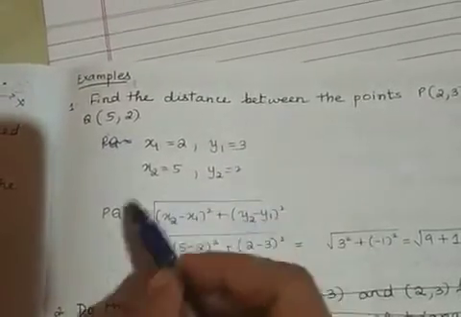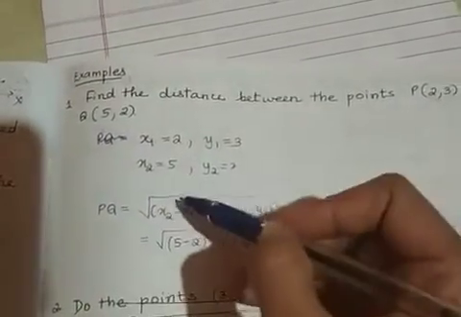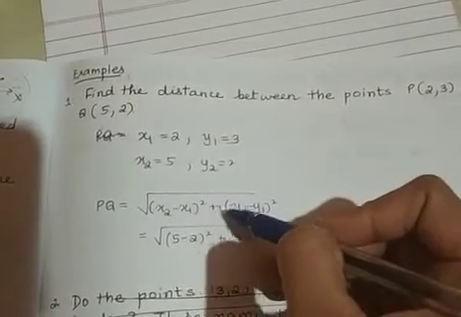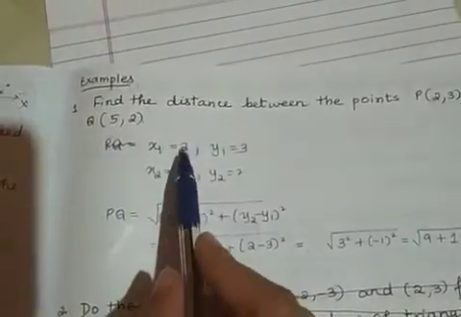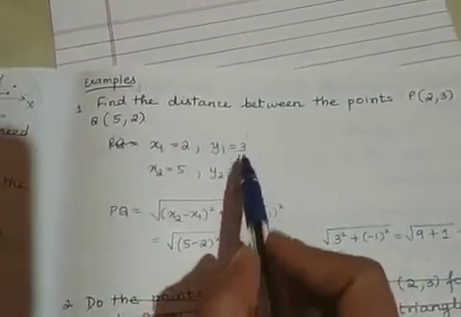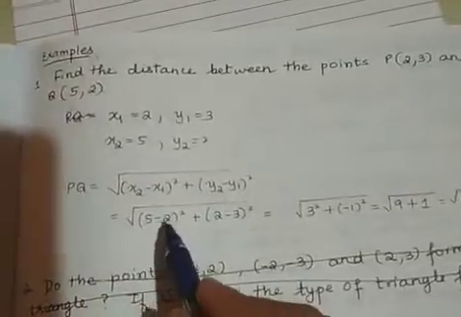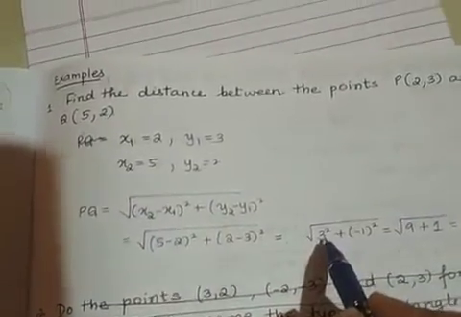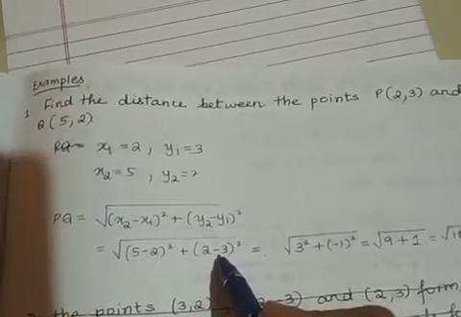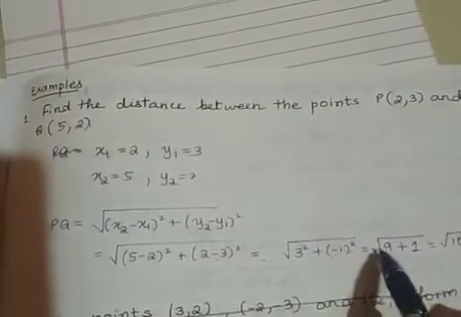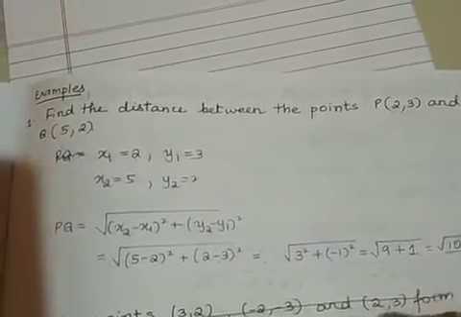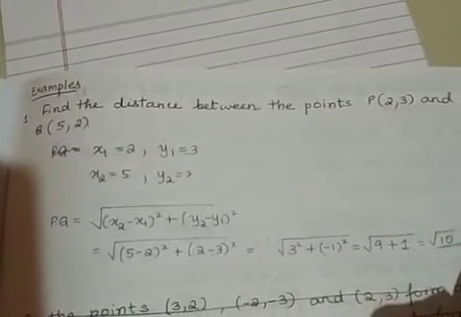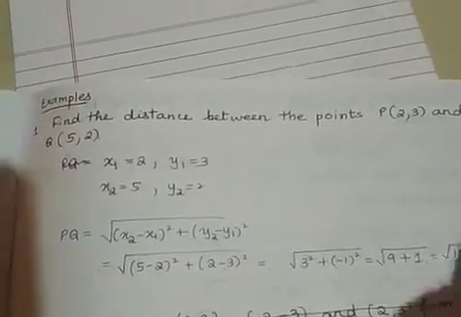So using the formula PQ is equal to square root of (x2 minus x1) the whole square plus (y2 minus y1) the whole square, we get 5 minus 2 the whole square plus 2 minus 3 the whole square. 5 minus 2 is 3, so 3 square, plus 2 minus 3 is minus 1, so minus 1 square. This is equal to square root of 9 plus 1, so square root of 10 units. You don't know what the units are, so you just write units. Now let us see another example.